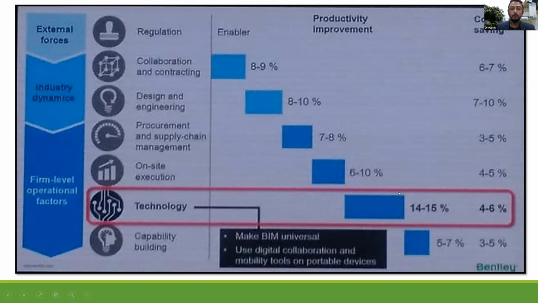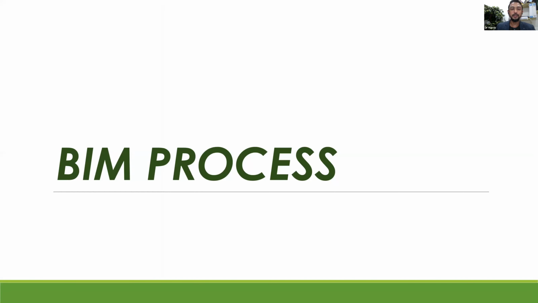In order to get more, like remember earlier I put there to improve cost by 33% and time by 50%. So using technology, you will not achieve that target. So you need to have a correct process, to make sure that your process is efficient, so that you can reach 33% cost improvement and 50% time improvement.